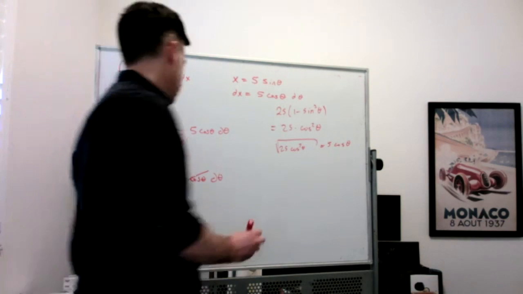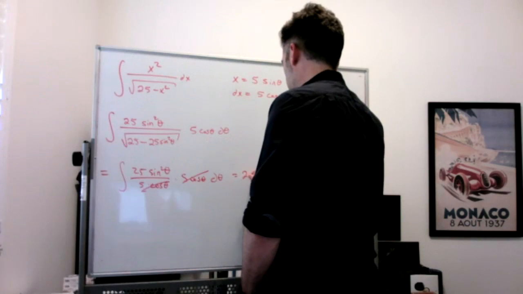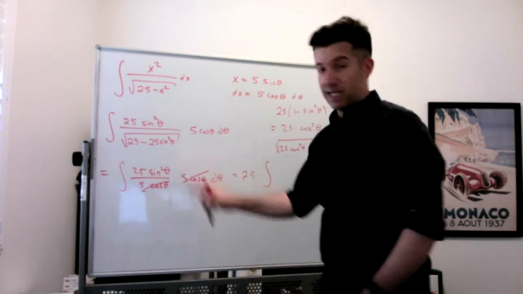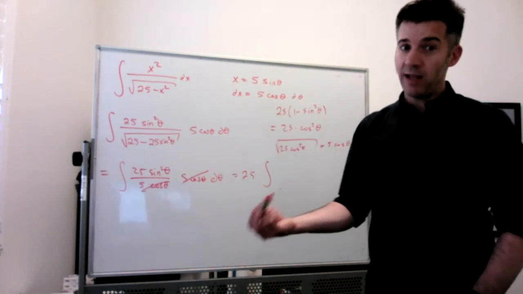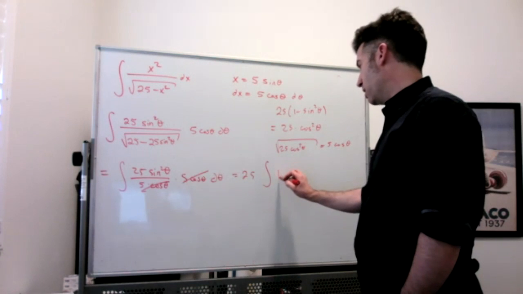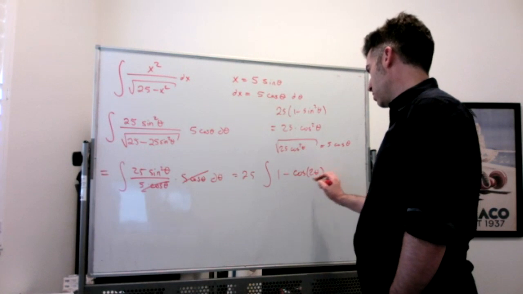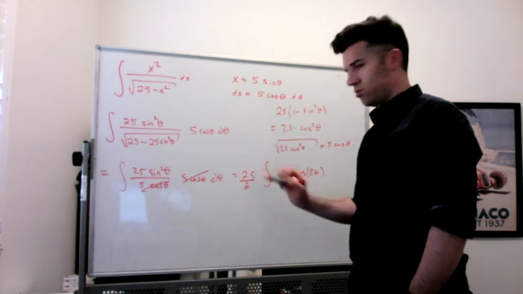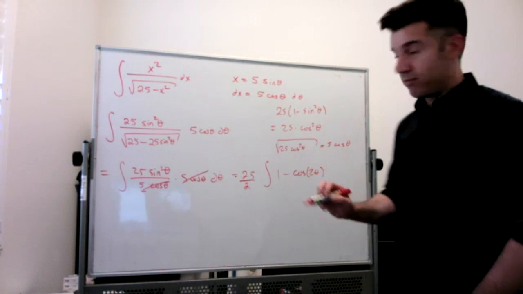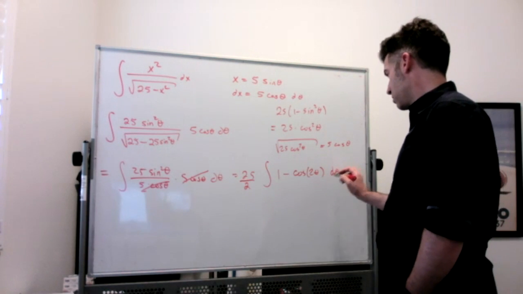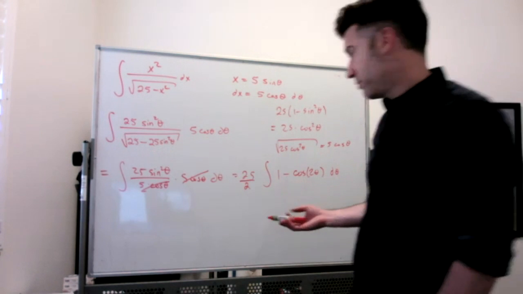Great. This is 25 times the integral of sine squared. If we know a trig identity for sine squared, it's 1 minus cosine of 2 theta all divided by 2. Let's anti-differentiate this.